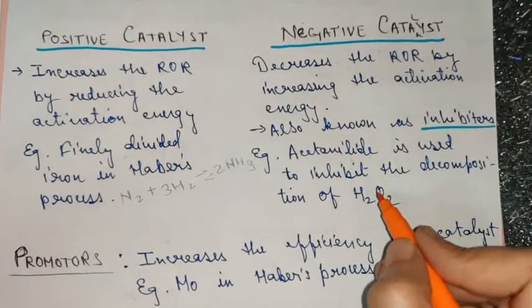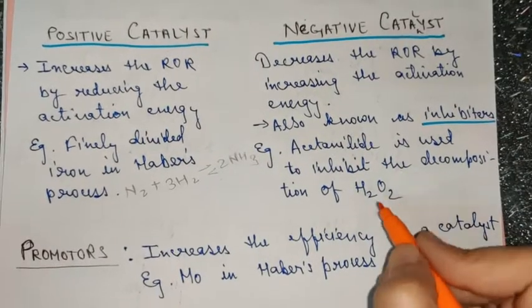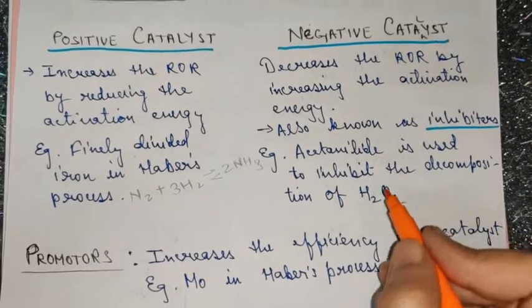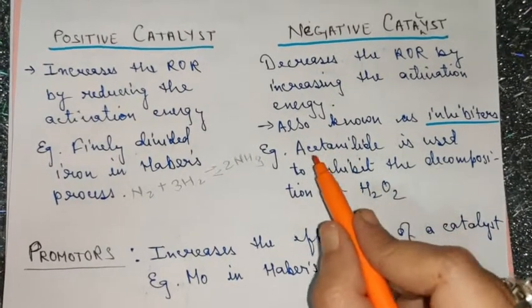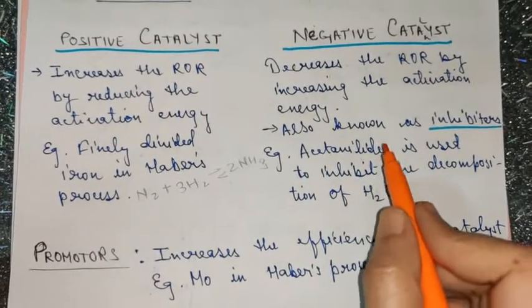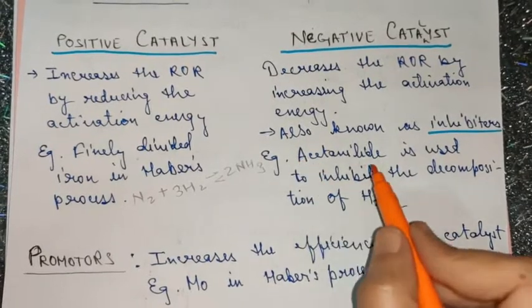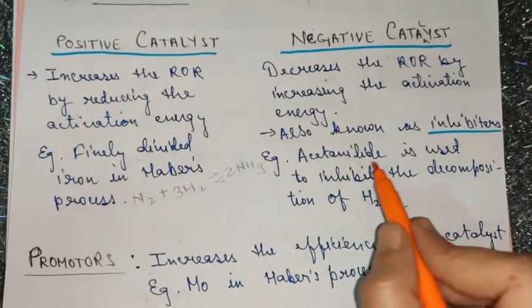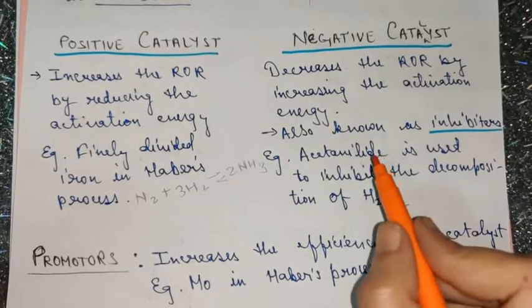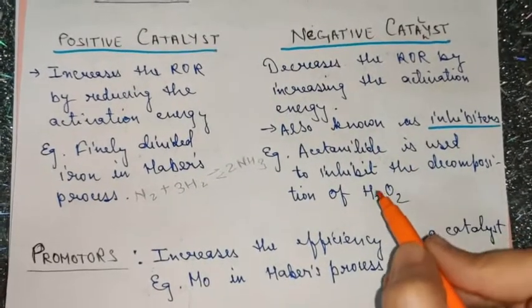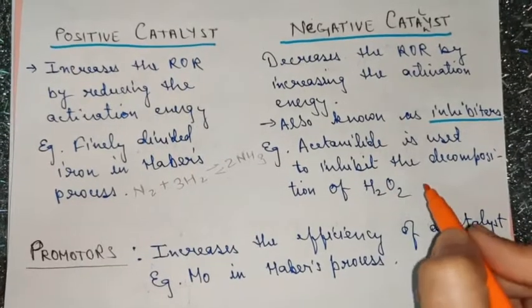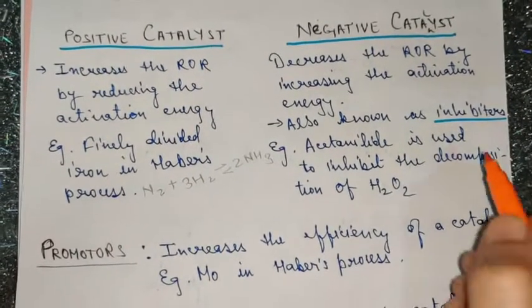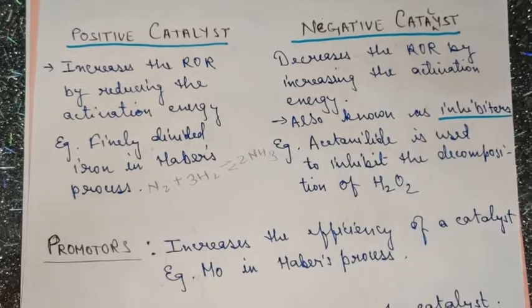So this is actually a non-favorable decomposition, so obviously we need to inhibit it, and to inhibit it we use an inhibitor or a negative catalyst, which is acetanilide. And this acetanilide acts as a depressant, that is, it actually inhibits or slows down the rate of decomposition of H2O2 into H2O and O2.